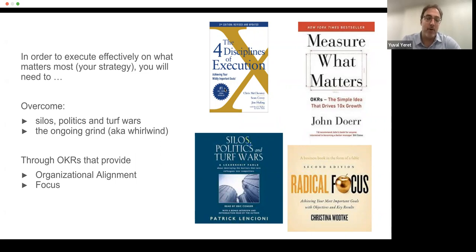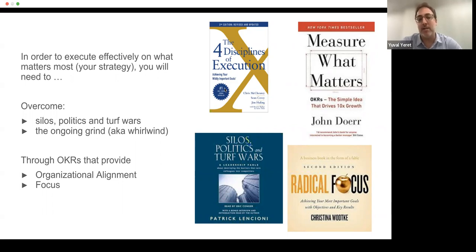But there are other books that are as good as, if not even better, on the concept of strategic alignment and execution using concepts similar to OKRs. These books are The 4 Disciplines of Execution, Radical Focus by Christina Wodtke, and Silos, Politics, and Turf Wars by Lencioni, that is a sleeper hit in this world, in my view.